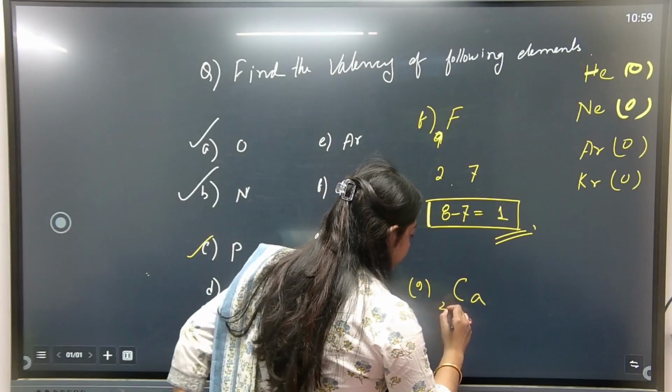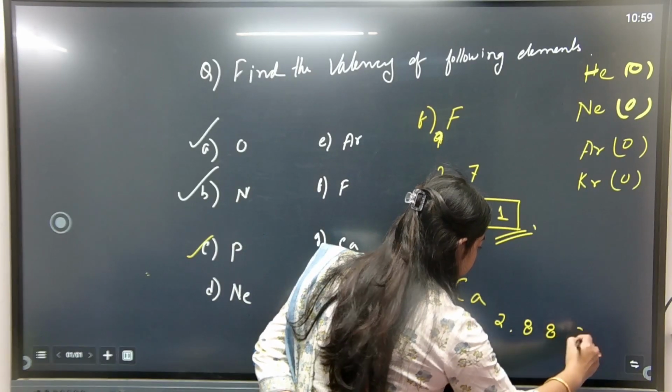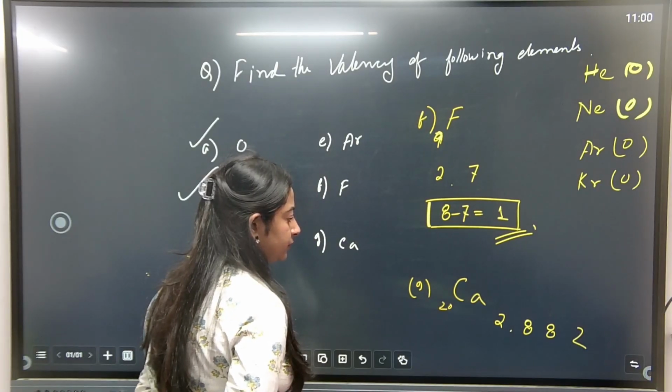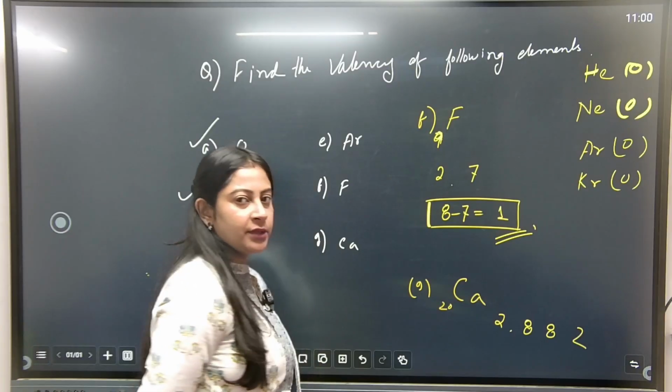What about calcium? Atomic number is 20.